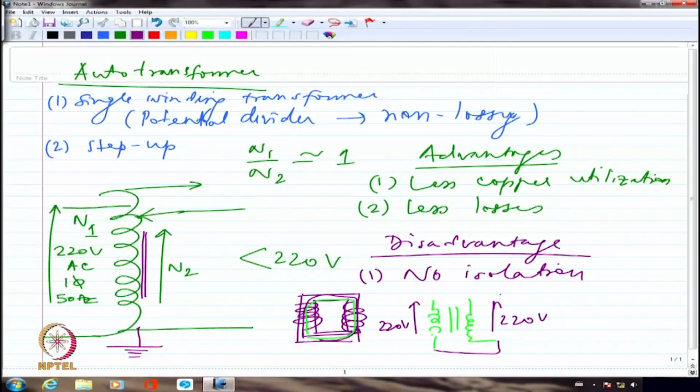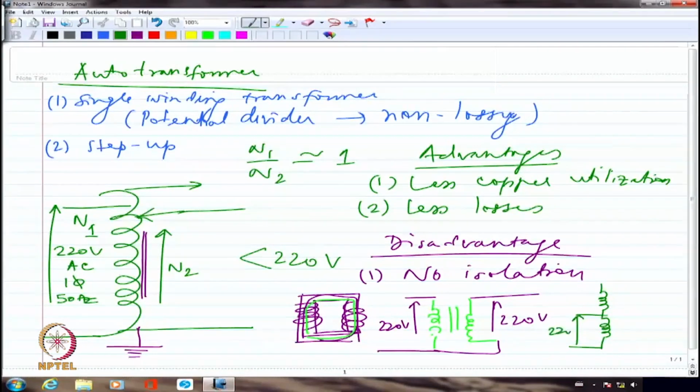I may apply only 220 volts, but I can connect the two windings in series addition, then I will be getting 440 volts as the output. Maybe I need it for some particular application. Now, it is as good as connecting two transformers like this. So, this is 220 volts, this is another 220 volts. I am applying the supply here and I am taking the output here.